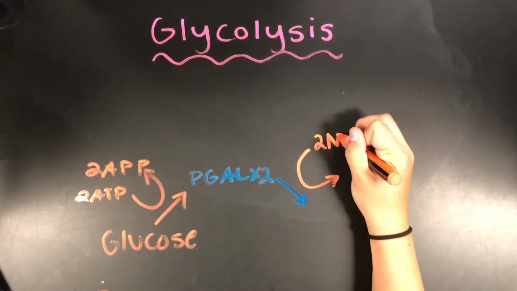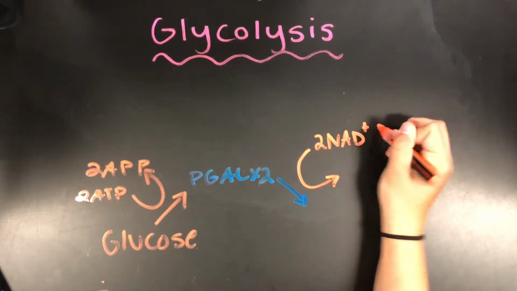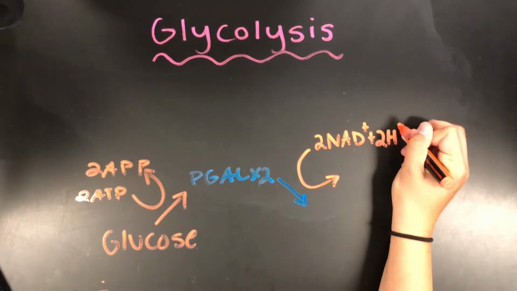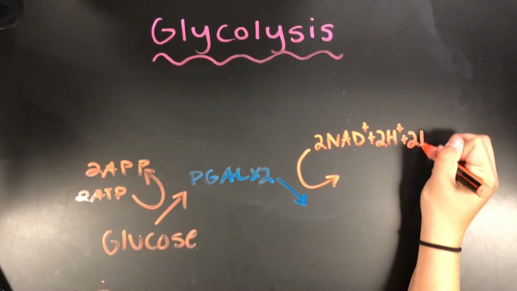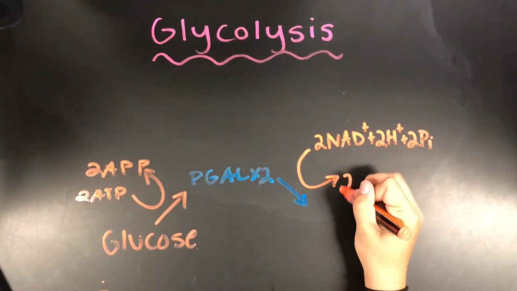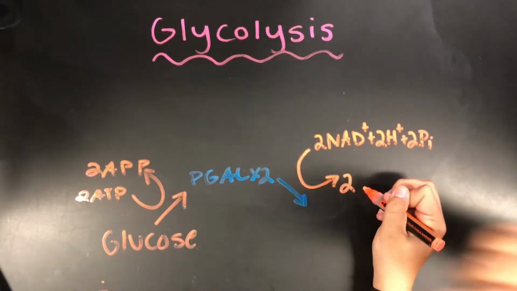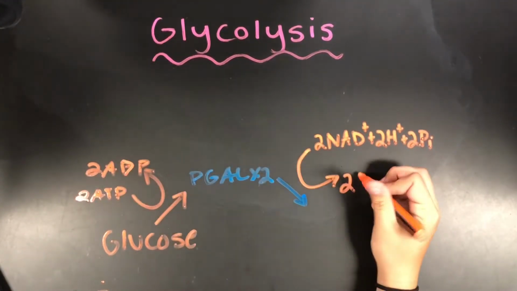In glycolysis, there are two phases: energy investment and energy produced. In the energy investment phase, 2 ATPs are changed into 2 ADPs and phosphate groups. Later on in the cycle, 2 NAD plus, 2 hydrogen ions, and 2 phosphates are changed into 2 NADHs.